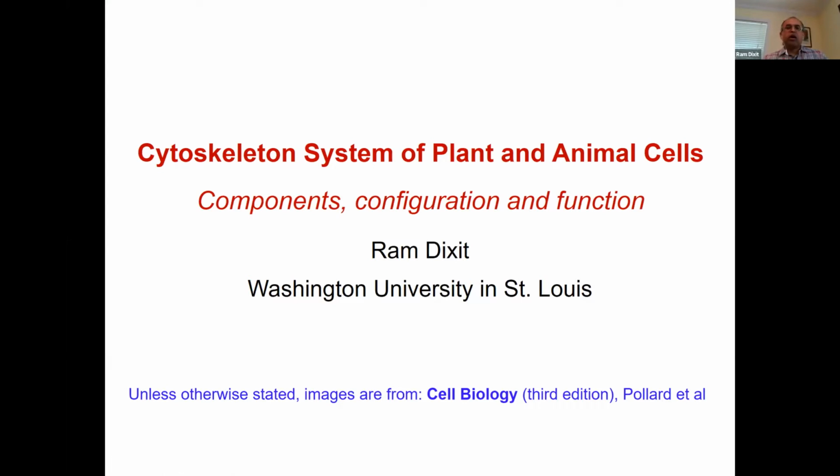Okay. So as I said, we'll be talking about the cytoskeleton. And the cytoskeleton is a pretty conserved system in both plants and animals. In fact, for a long time, people thought the cytoskeleton was a distinctive feature of eukaryotes. In the older textbooks, you'll see eukaryotes and prokaryotes being distinguished by the presence of organelles in the eukaryotes and also the cytoskeleton. That was one of the features that people listed, and that is certainly not true.